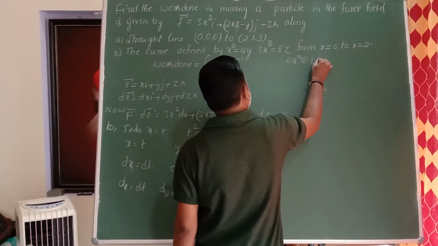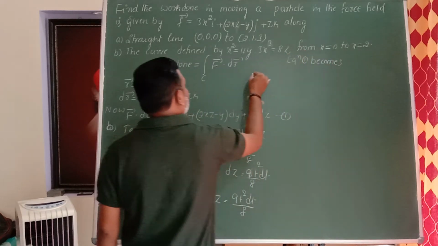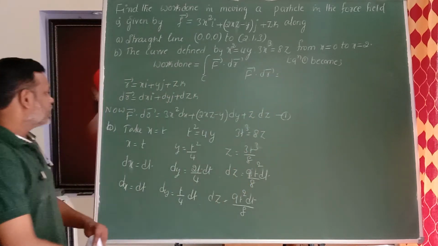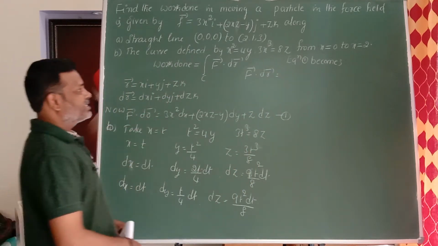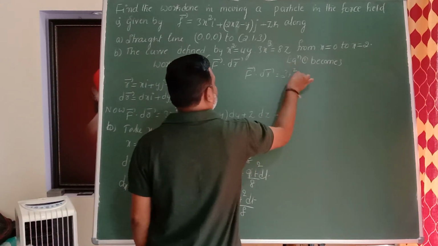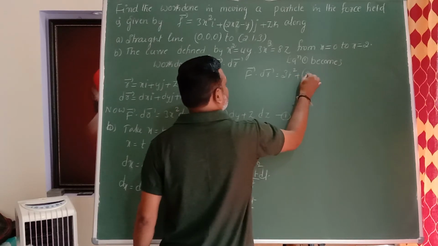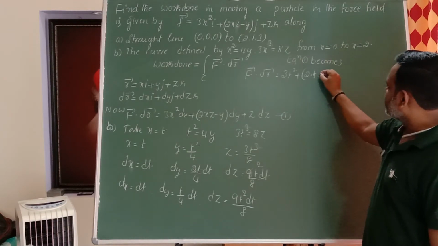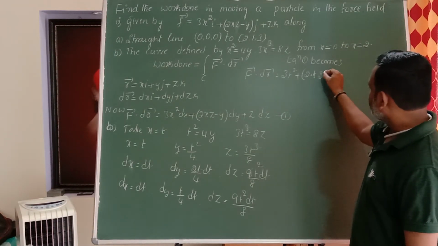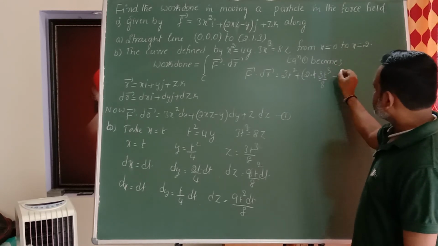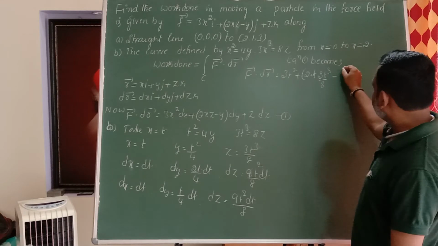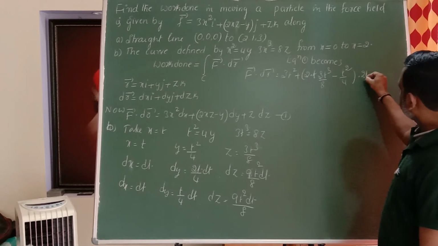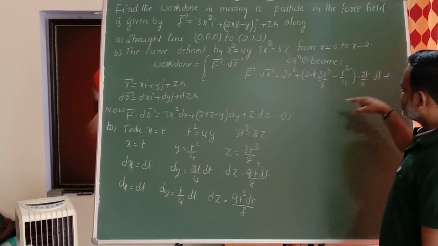Equation 1 is f dot dr. So that is equal to, just substitute here, 3x square, 3 into x is t square, that becomes 3t square, plus, substitute here, 2 into x, x is t, z is 3t cube by 8, minus y, what is y, t square by 4, into dy, what is dy, 2t by 4 into dt, plus z into dz.